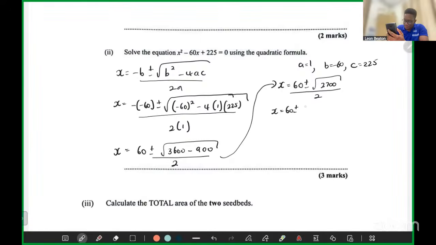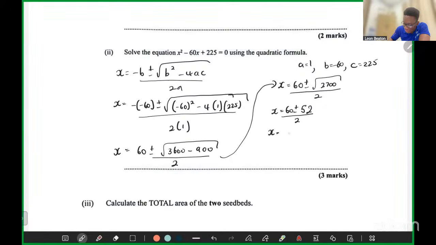So this will be 51.96, it should be 52, right? You want to have it corrected to 3 significant figures. So it's plus or minus 52, all divided by 2.